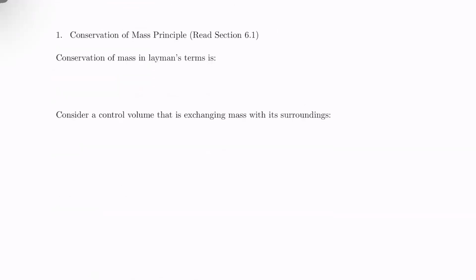Okay, so let's talk about conservation of mass first. So we're probably all generally familiar with conservation of mass. And in layman's terms, it just means that mass is conserved, so mass cannot be created or destroyed.